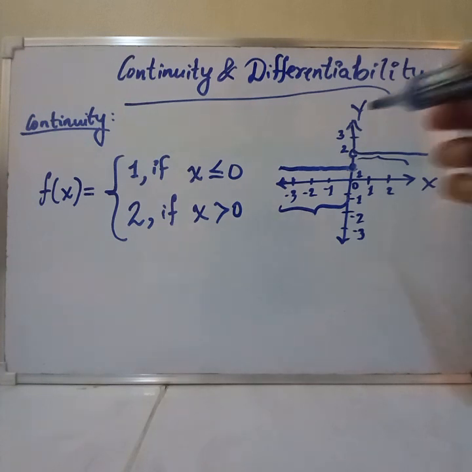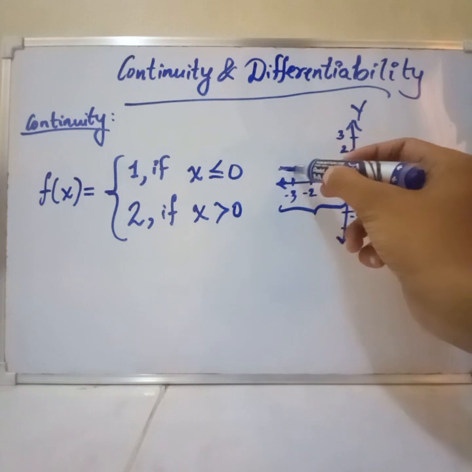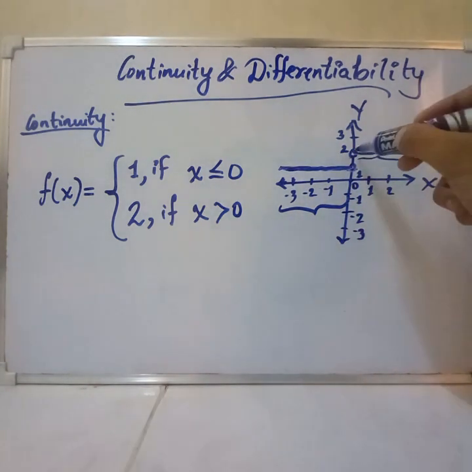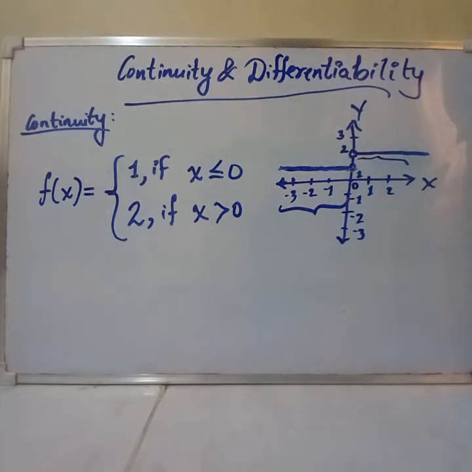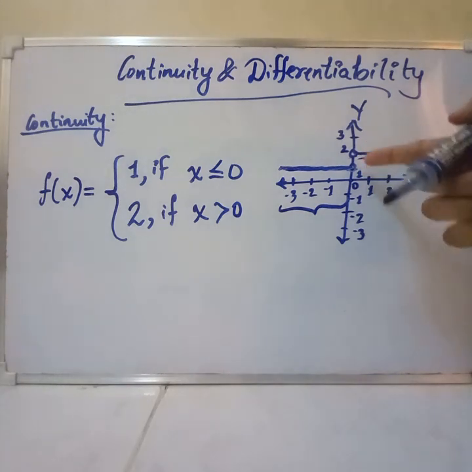So like this, if we check, when we are drawing the graph, we cannot draw the graph continuously, right? We have to lift our arms and then only we can continue the drawing. We cannot draw it continuously because it's not a straight line, it gets divided in between.